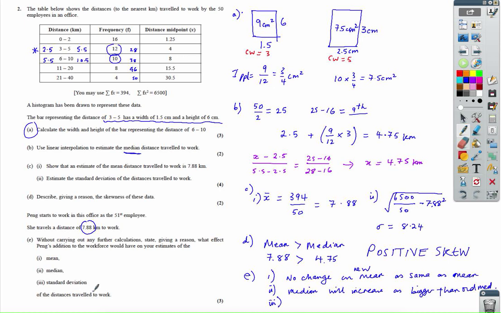And the standard deviation. Because this number is the same as the mean you had before, remember basically what the standard deviation does: it looks at all the bits of data and it measures how far they are from the mean. So if all the data was the same, the standard deviation would be 0. So if this number is the same as the mean, you're not increasing how spread out the data is.